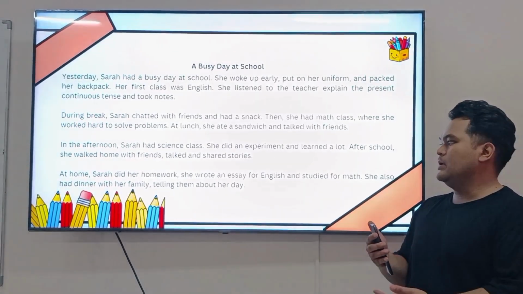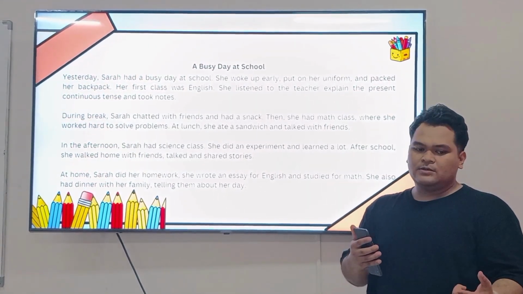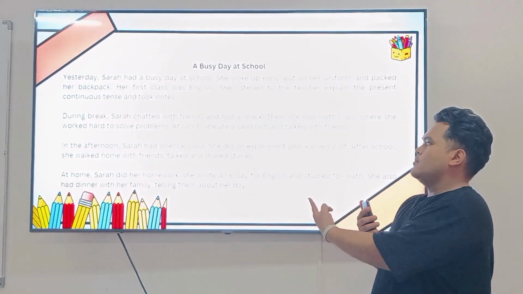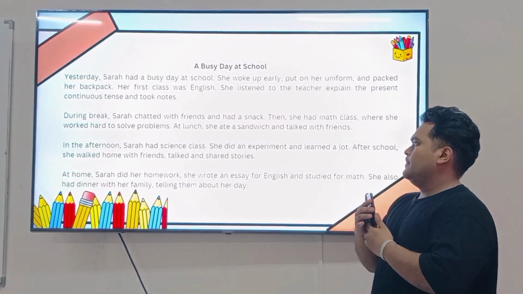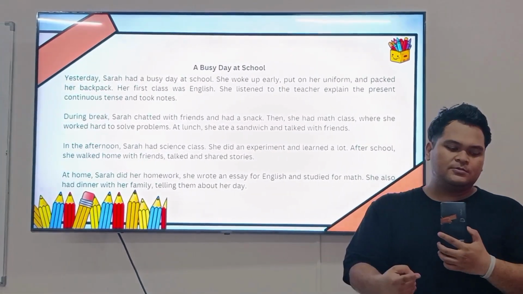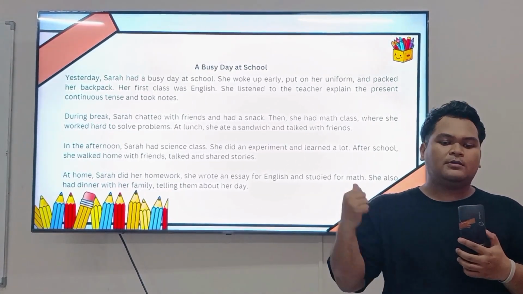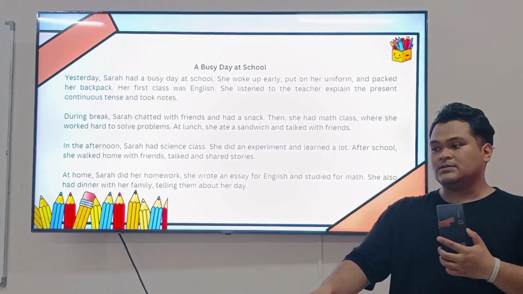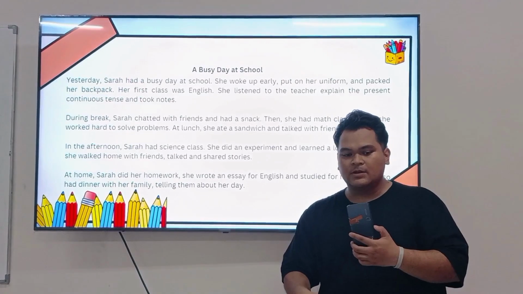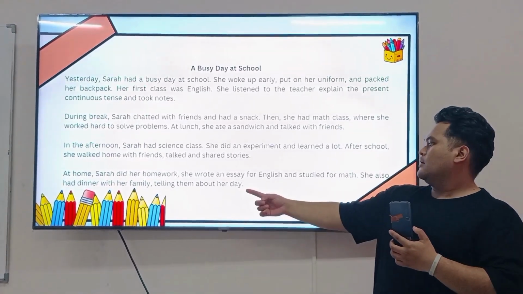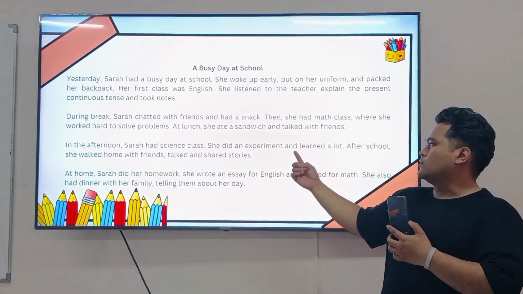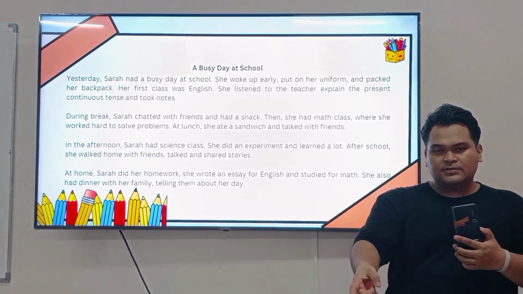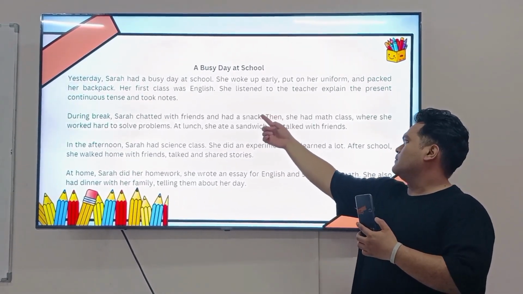So this is activity one of our lesson plan. The students are asked to read these three contexts provided by us, one by one, per sentence. So, for example, student one will read, yesterday Sarah had a busy day at school, and the other student will continue.